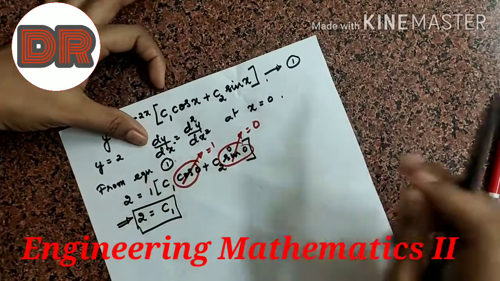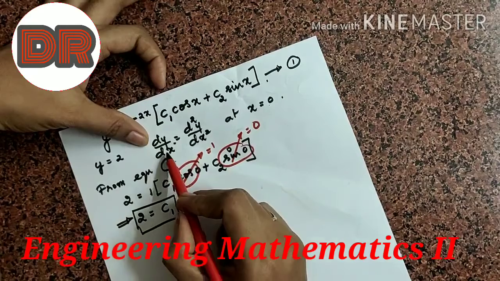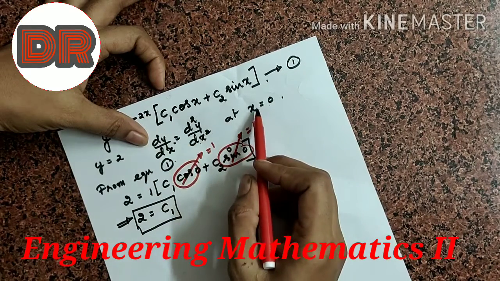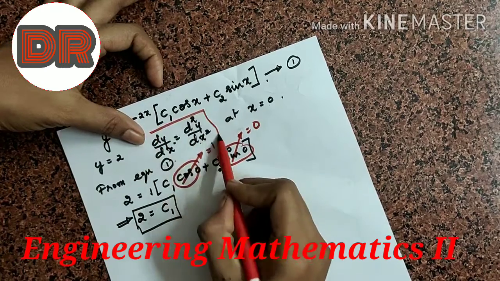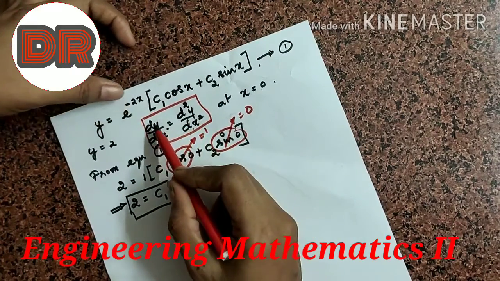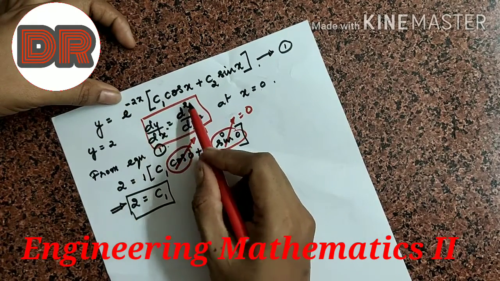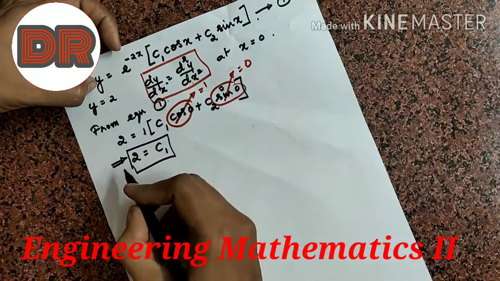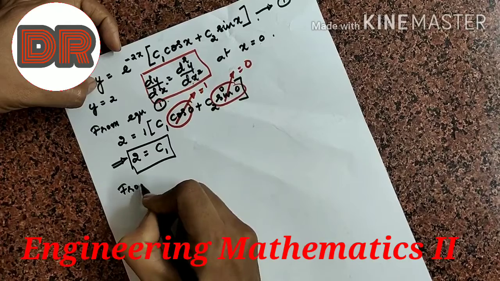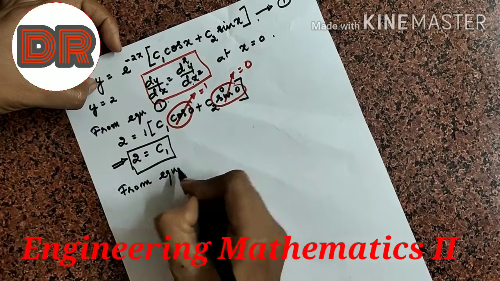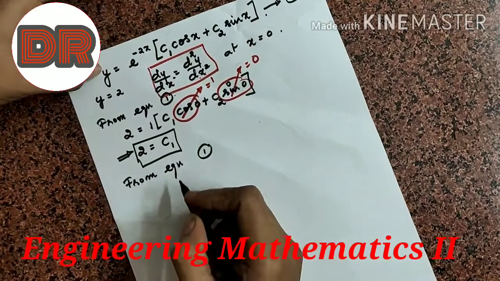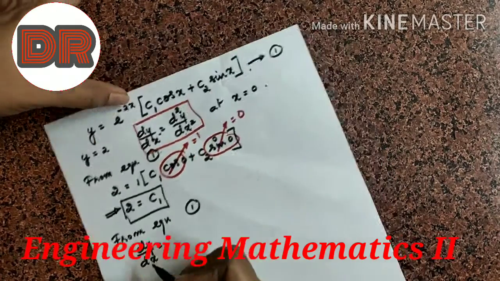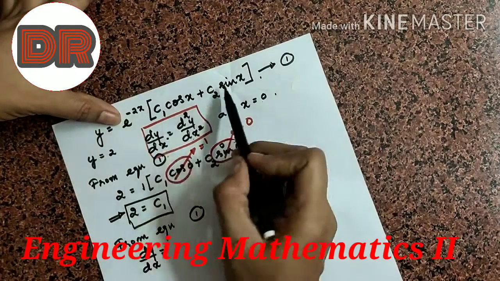The second condition here is dy by dx is equal to d square y by dx square at x is equal to 0. So at x is equal to 0, this condition is satisfied. We have to first find dy by dx and also d square y by dx square. So use the first equation. From equation 1, differentiating that, dy by dx is equal to, again we have two terms, so go for the product rule.